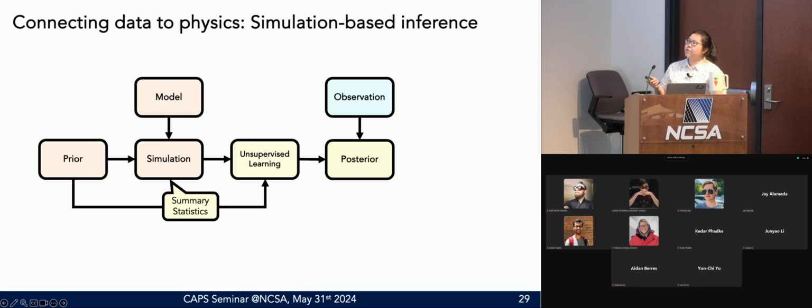And then we train the neural net to learn the representation between the black hole parameters and the simulated data. And then using that, we use the trained neural network to compare our observations, and then generate the posterior from that.